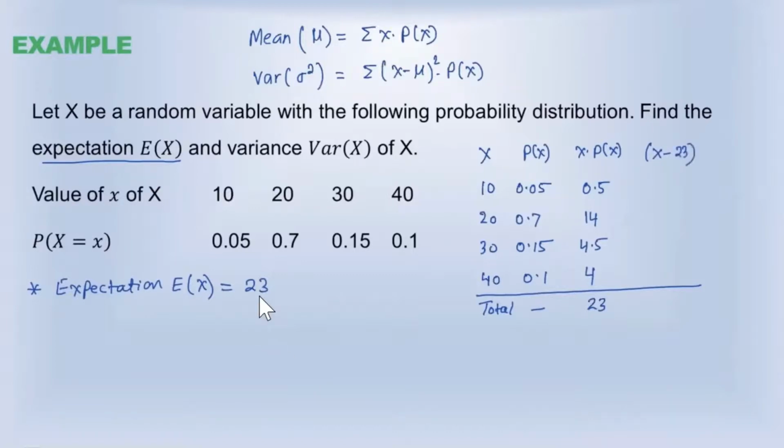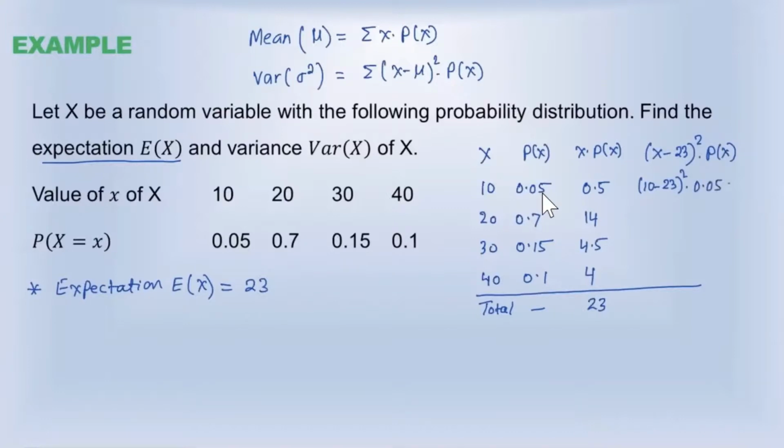First we have to perform that, then square it, and multiply by p of x. For example, in the first one, x is 10. So this is 10 minus 23, squared, times the p of x for the first, which is 0.05.